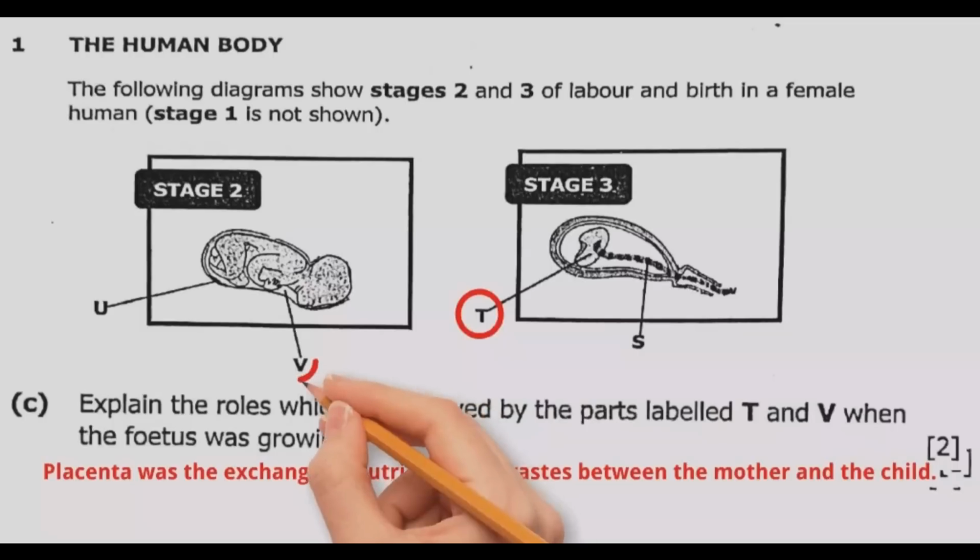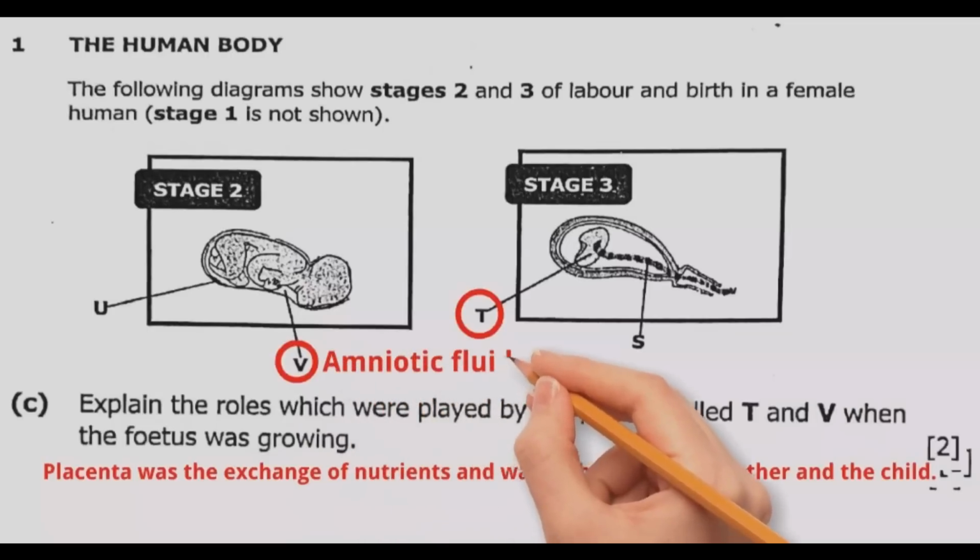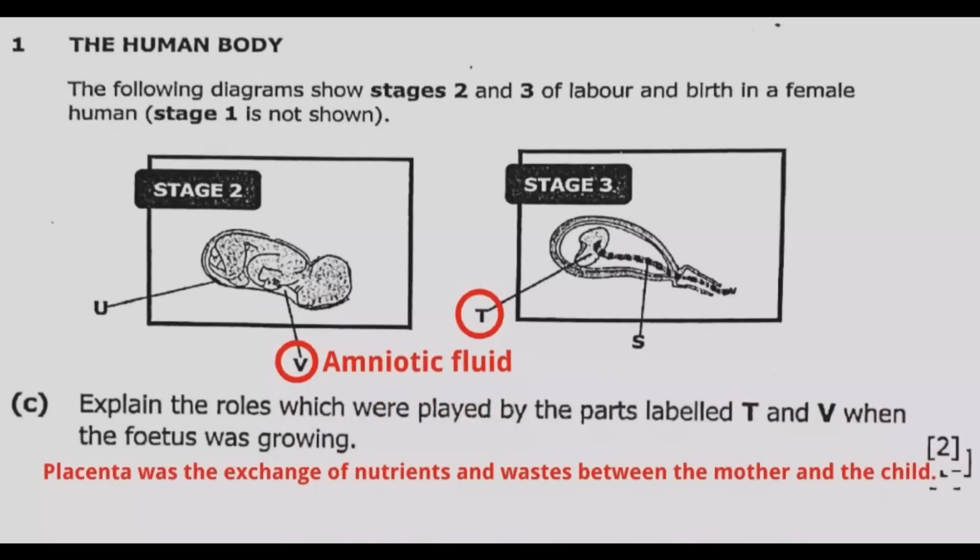V, what was the function of V when the child was growing up? V is the amniotic fluid. The function of amniotic fluid was acting as a shock absorber. It was absorbing mechanical shocks, from maybe a bump or the falling of the mother.